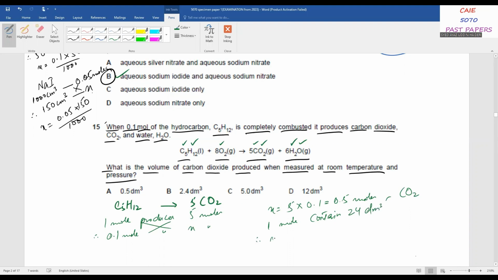Therefore, 0.5 mole contains X dm cube. So you will multiply 24 by 0.5. So the answer will be 12 dm cube. So this should be the correct answer.